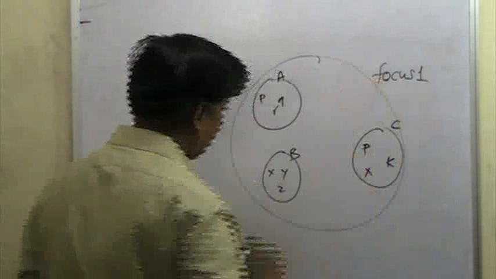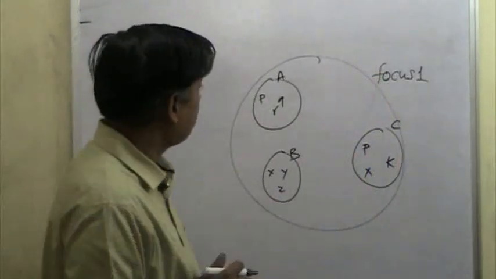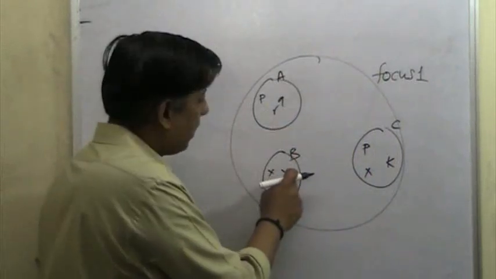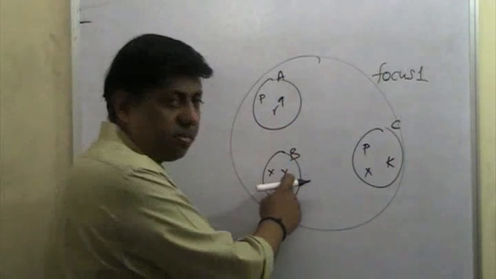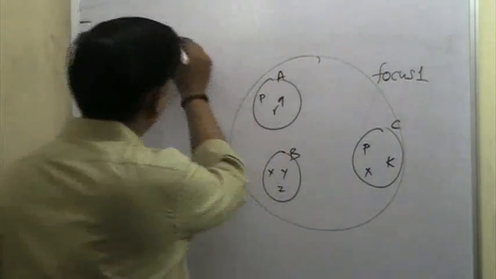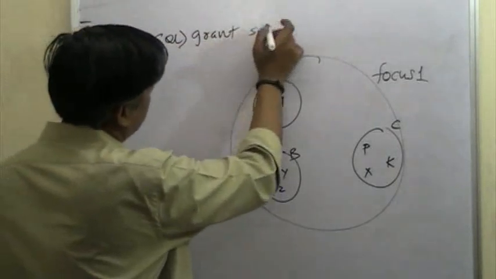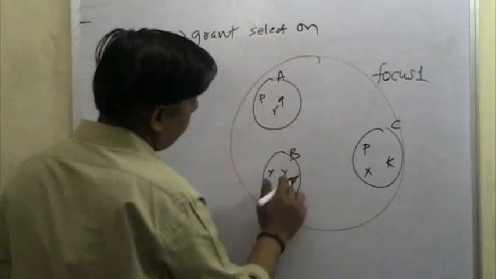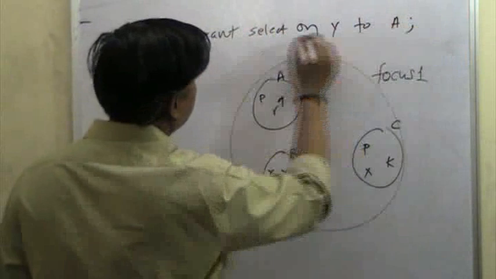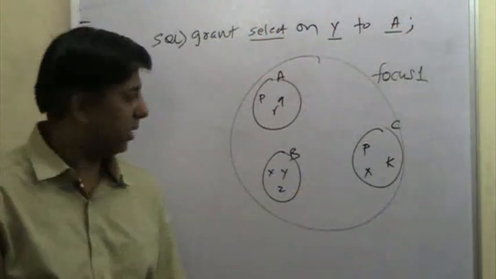PXK. Okay, so these are the tables that are created, and now we have seen that user B has given a privilege to select from table Y to a user A. So user B has executed this command, grant select on my own table, that is Y, to user A. So the privilege, the object, and the user to which the privilege is granted.